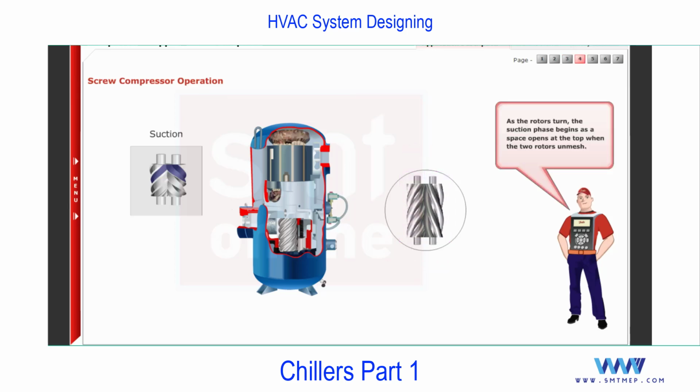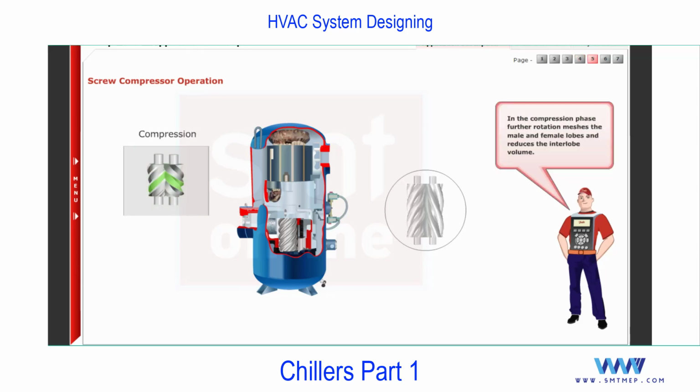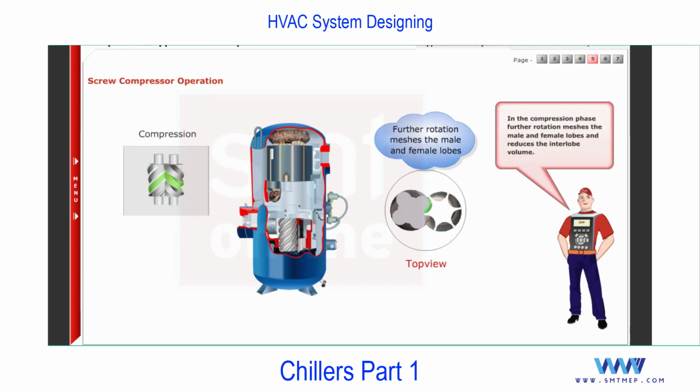As the rotors turn, the suction phase begins as a space opens at the top when the two rotors unmesh. As the rotors continue to turn, the interlobe space increases in size, and the gas is drawn in through the inlet port. The suction is sealed off by the meshing of the rotors as they continue to turn. In the compression phase, further rotation meshes the male and female lobes and reduces the interlobe volume.